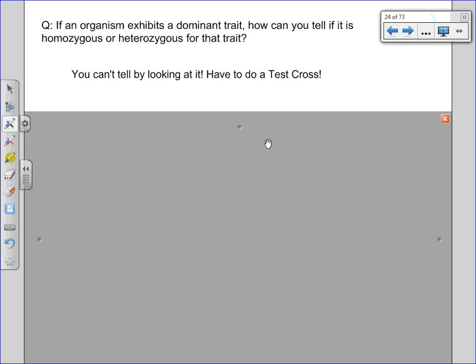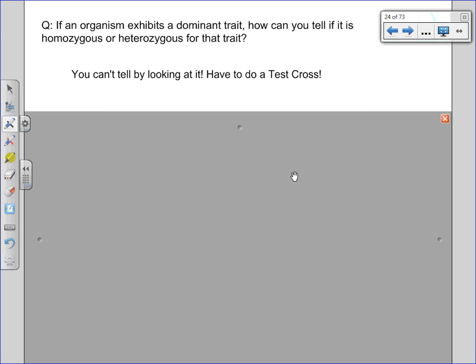So when they're looking to breed for a certain trait and they want to know if the father or one of the parents is a carrier of a recessive allele, or if it's got both dominant alleles, then they do what's called a test cross.